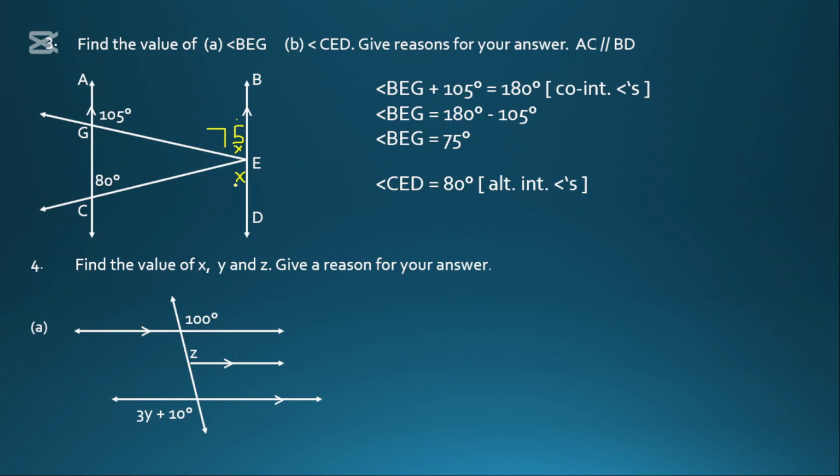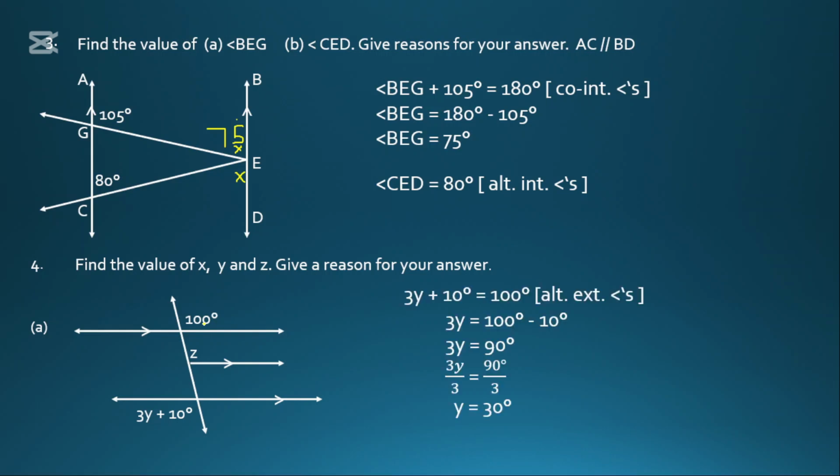Number 4. Find the value of x, y, and z. Give a reason for your answer. In this figure, we do not have x, but we have a y. You know that this angle and that angle form alternate exterior angles, so they are equal. We make use of equations here to get to the answer.